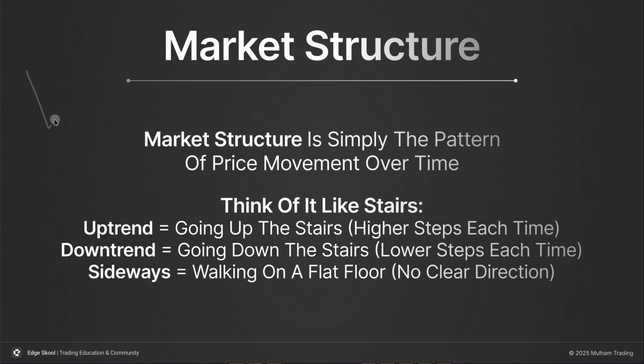Downtrend is going down the stair, so a step down every time, lower steps. Sideways is just doing nothing, walking on a floor. You'll see you're still staying on the same level. You're just walking on the floor, and it has no clear direction. So these are the 3 signatures of market structure.